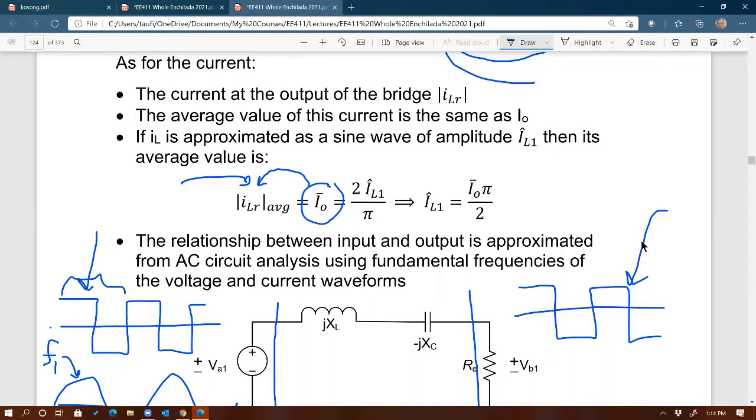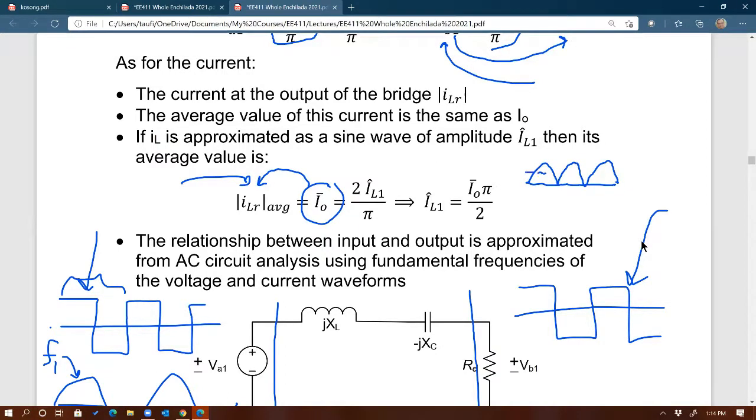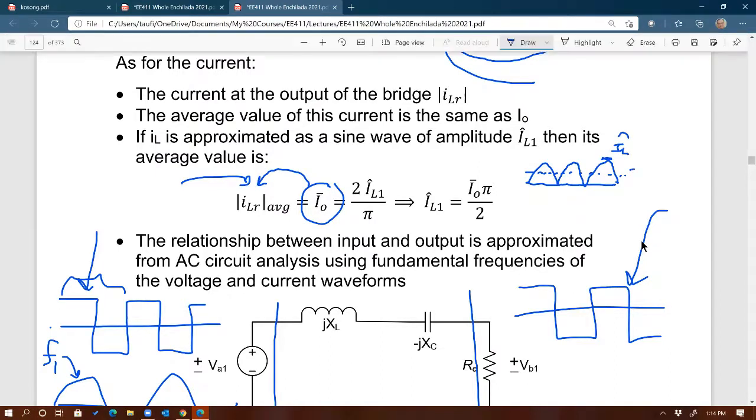If you have a fully rectified sine wave like that, and this is the peak value, then the average of this current is equal to 2 times the peak value divided by pi. And that's what I should have here. See that?